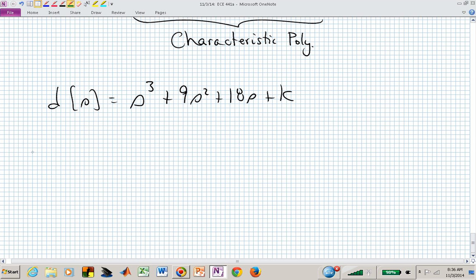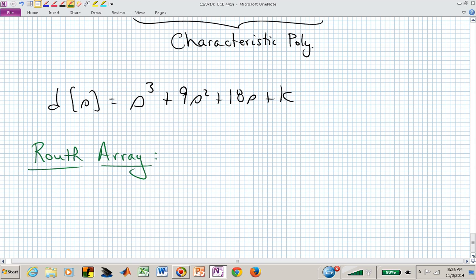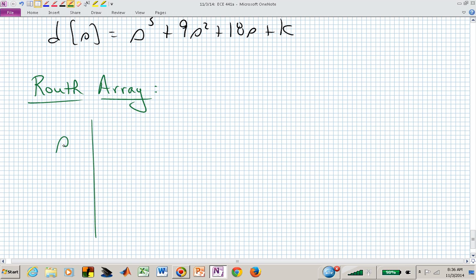We can now create the Routh array. Hopefully we haven't forgotten how to do that. We can use our bookkeeping. S cubed, S squared, S1, S0. Here we have 1, 18, 9, and K. Did I start it correctly?